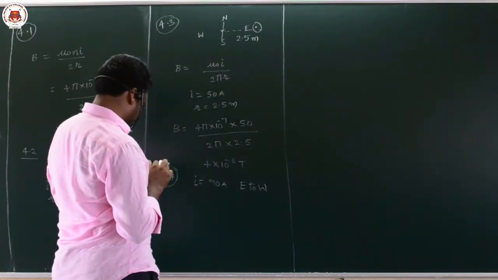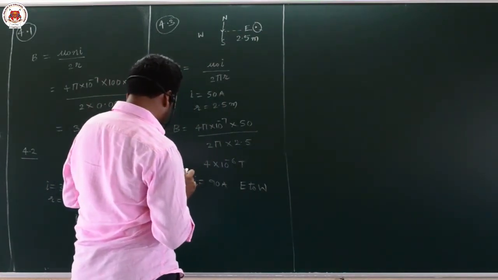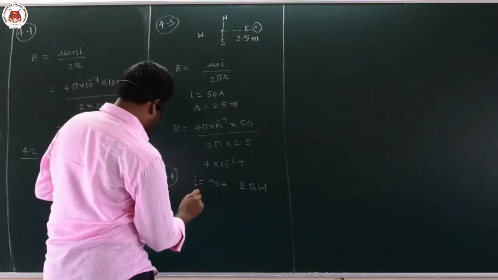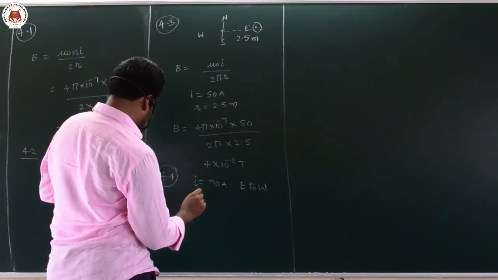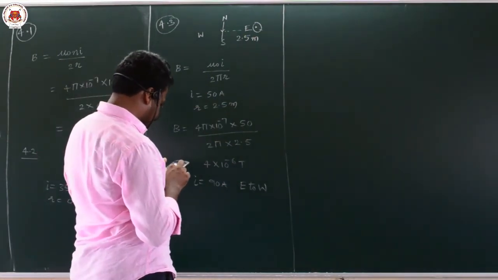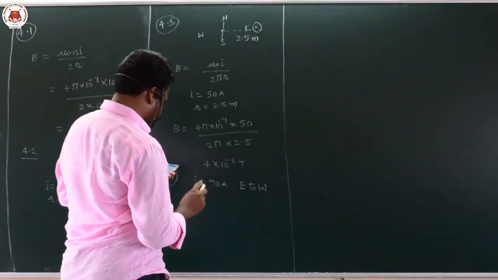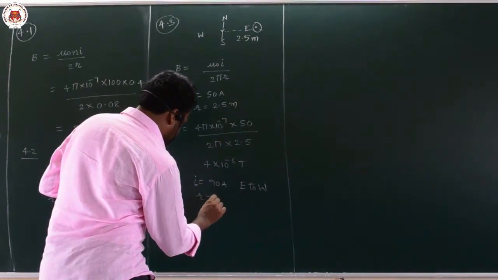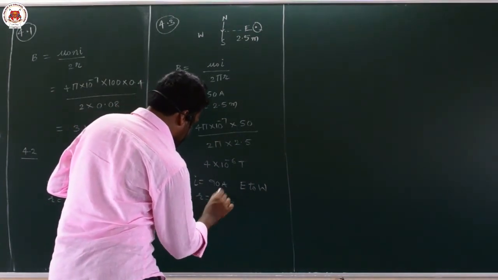What is the magnitude and direction of magnetic field due to the current at a distance of 1.5 meters below it?